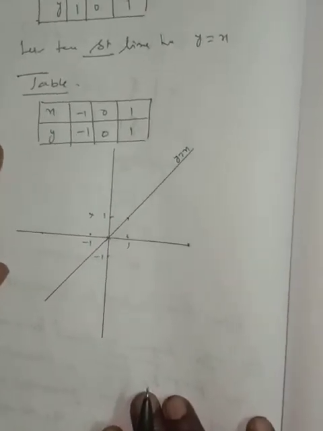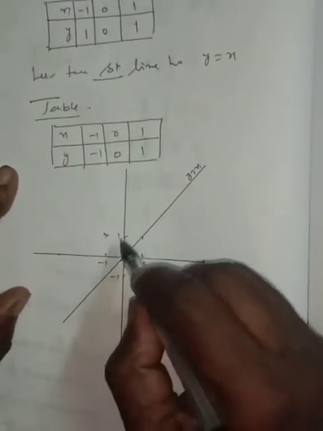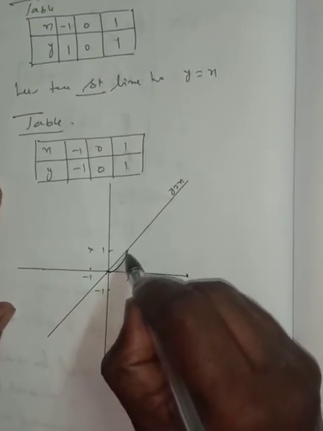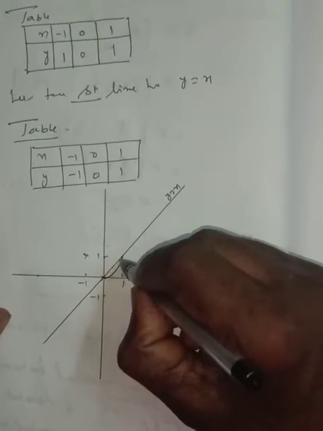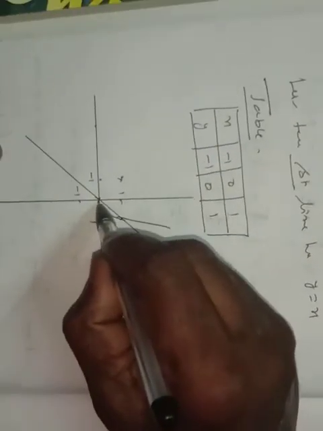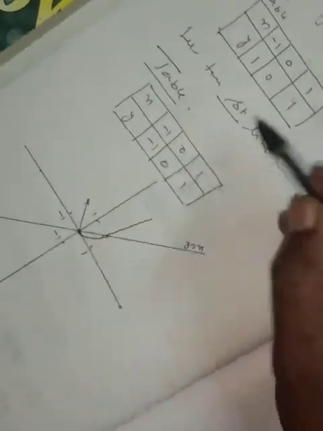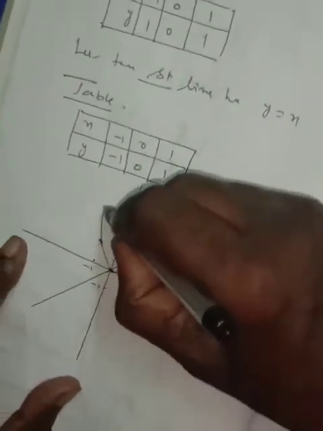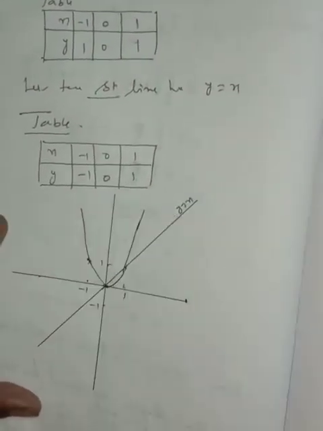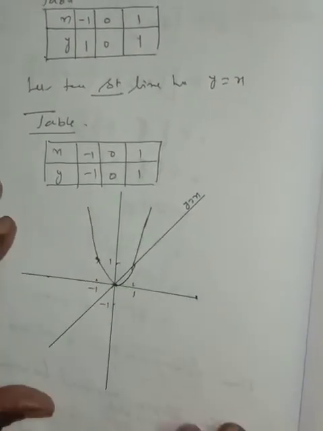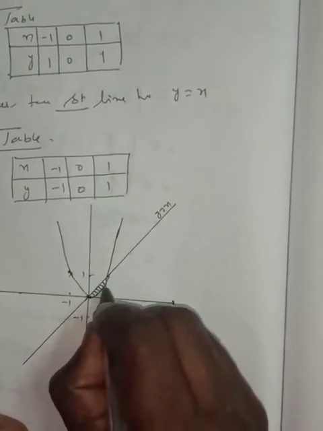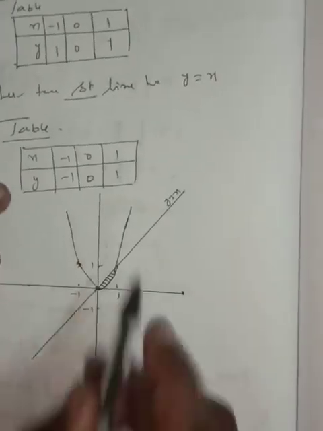The curve is passing through 0. The region between the straight line and the curve is of this position, the shaded region.